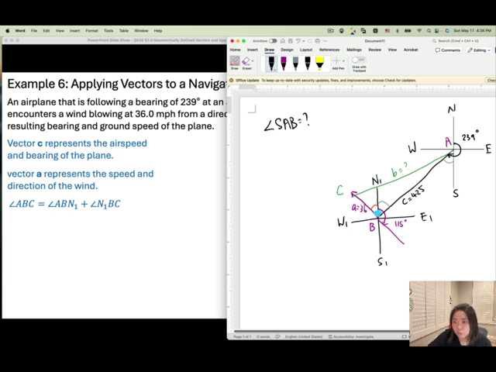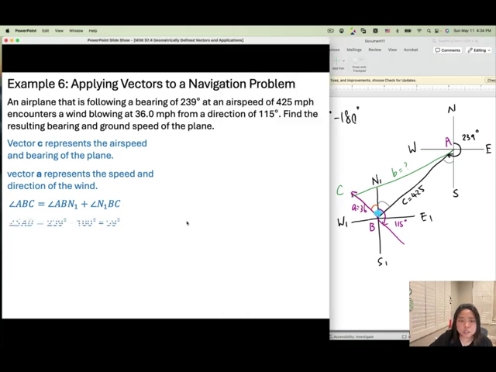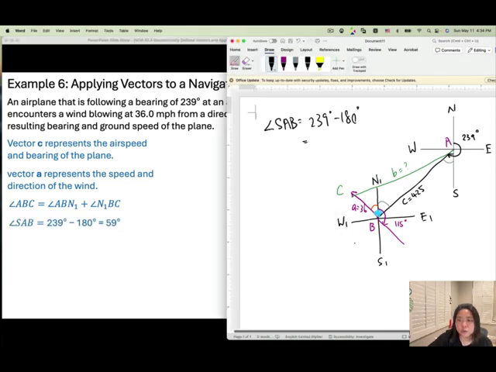And we know the total angle here is 239, and from the north to the south is 180. So angle SAB will be equal to 239 minus 180. Use your calculator, you're gonna get 59 degrees.